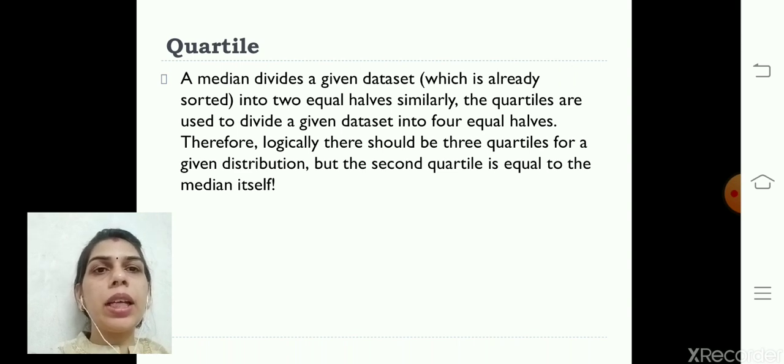Similarly, the quartiles are used to divide a given data set into four equal halves. Therefore, logically there should be three quartiles for a given distribution, but the second quartile is equal to the median itself. The first quartile is denoted by Q1, the second quartile is denoted by Q2, that is median, and the third quartile is denoted by Q3.